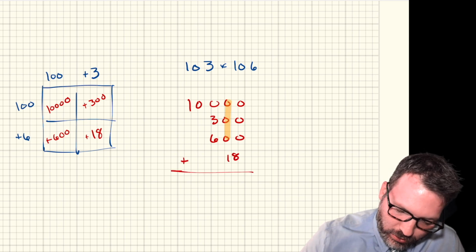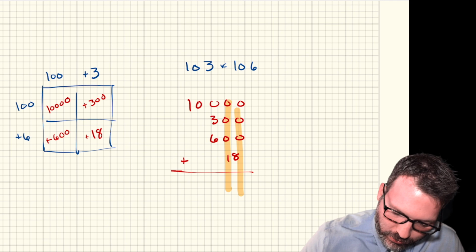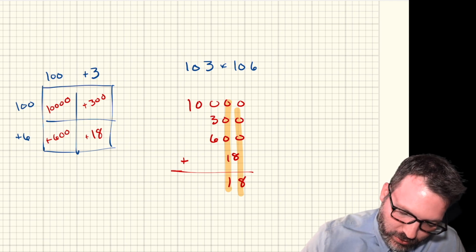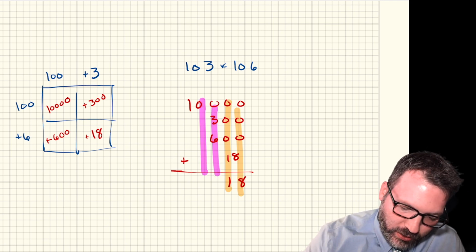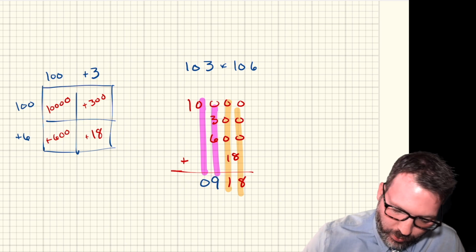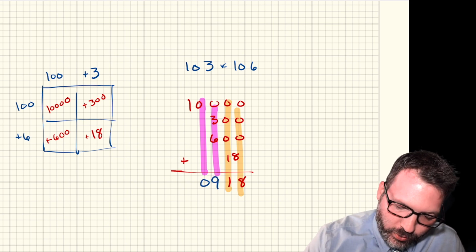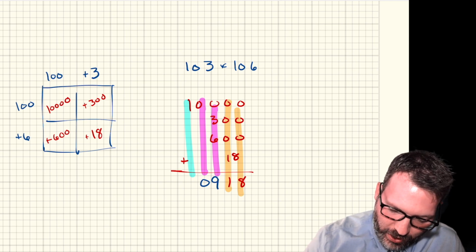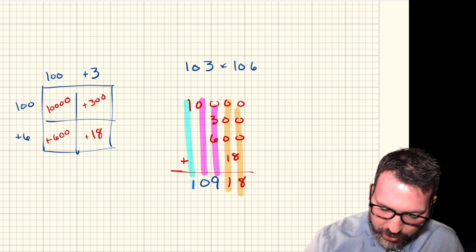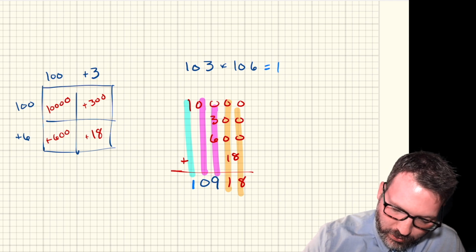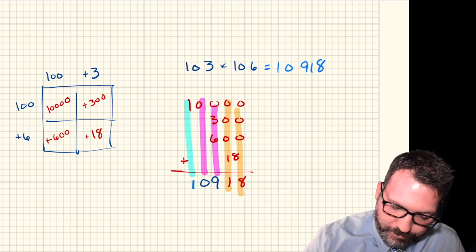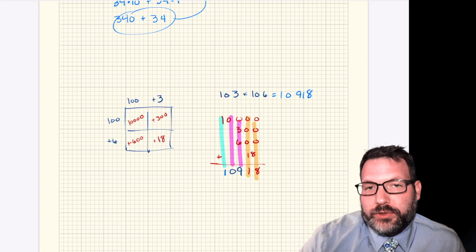These two digits, we just end up bringing down the product, which was 18. These two digits, we just end up bringing down the sum, which 3 plus 6 is 9. And then, of course, we know we want our answers to be slightly above 100 times 100 is 10,000. And so that's what ends up happening here. And we get 10,918.